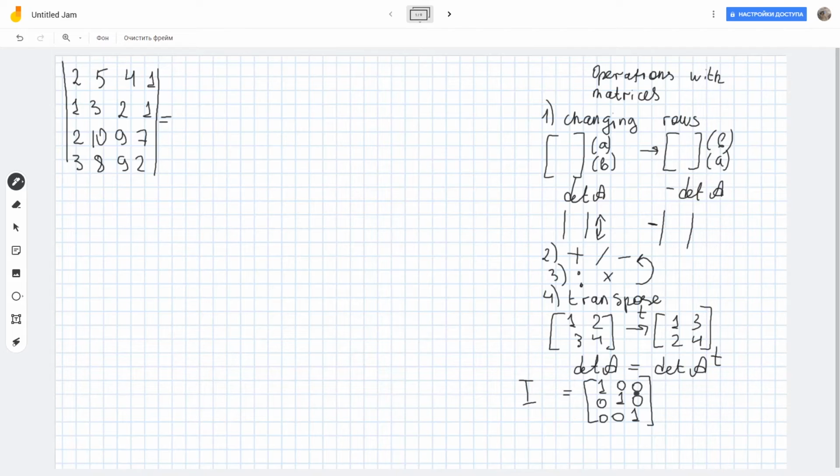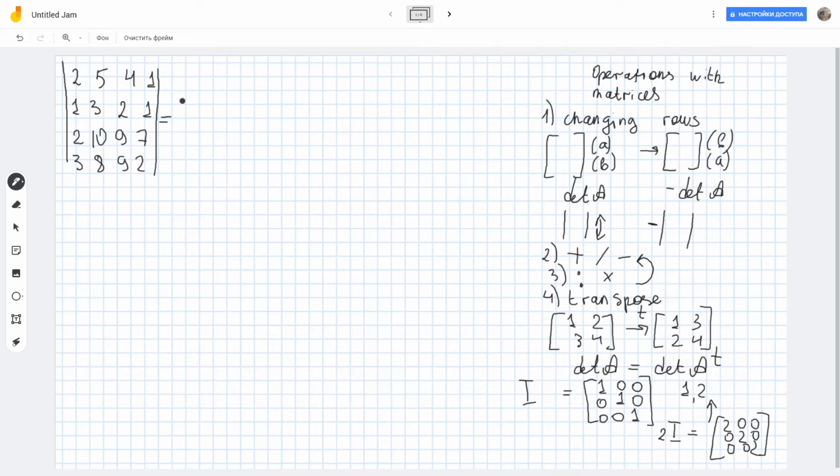It has zeros and ones on the diagonal, and if you have something like some numbers in the task, you can replace them with identity matrix. So for example, 2 we can replace with 2 multiplied by identity matrix, and it will look like 2, 2, 2, 0, 0, 0, 0, 0, 0.